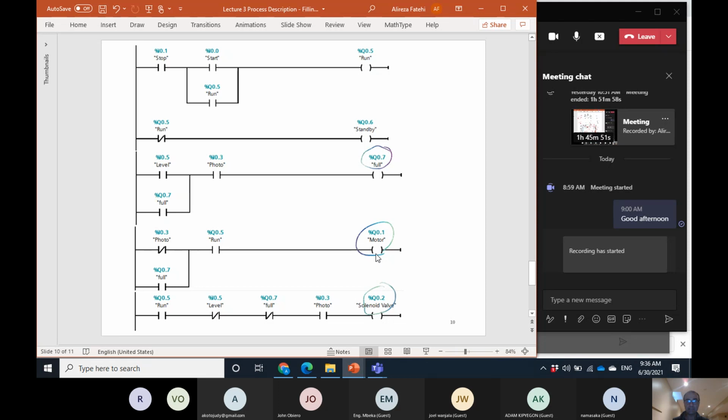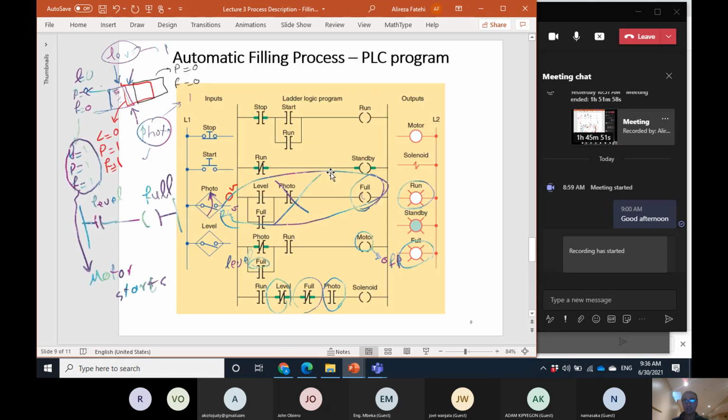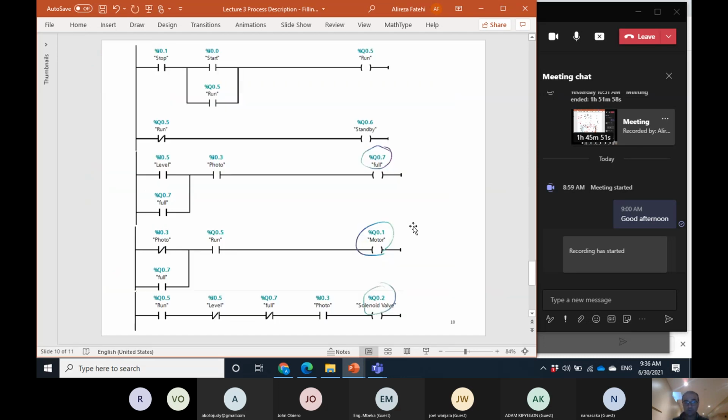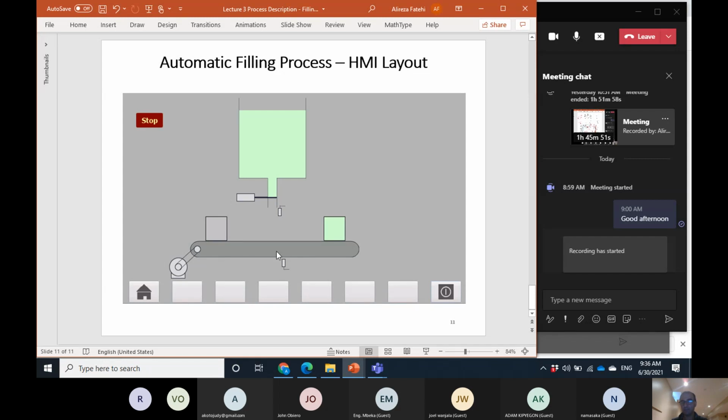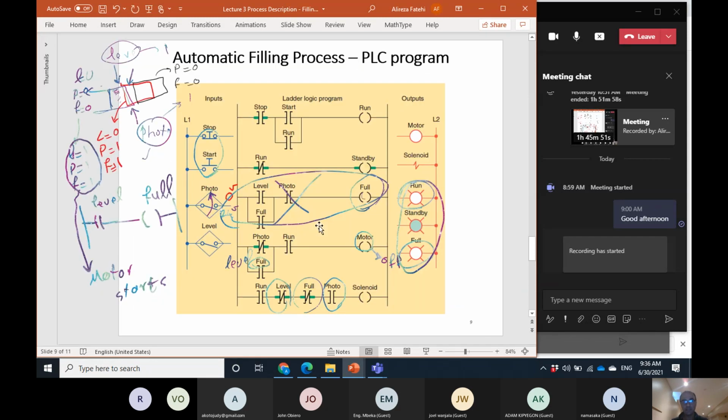This is the program based on this structure, where we are going to have 2 physical start and stop push buttons with also some physical pilot lights for indicators. But if you have the HMI system, you don't need these 2 physical push buttons.